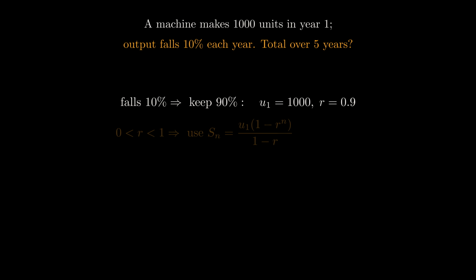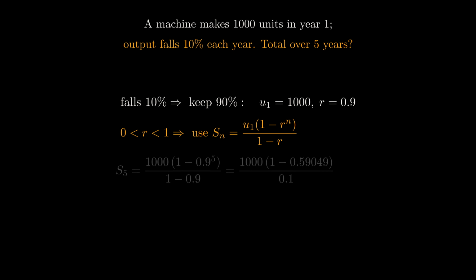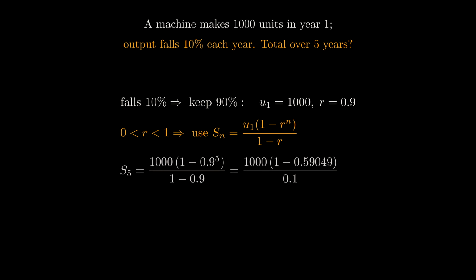Because r is between 0 and 1, I reach for the 1 minus r to the n form, which keeps everything positive. Substitute 1,000 times 1 minus 0.9 to the fifth over 0.1. 0.9 to the fifth is about 0.59, so the top is about 0.41.